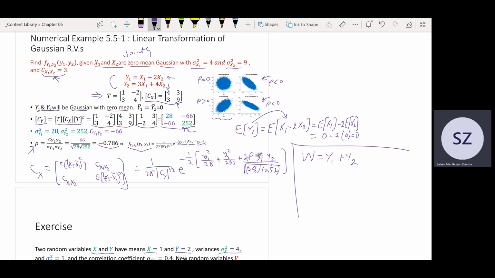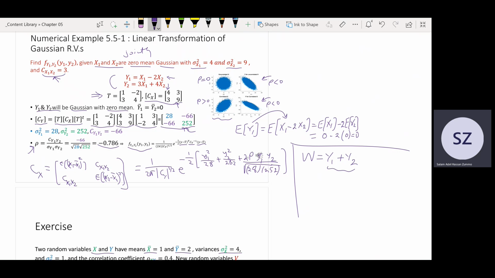How do you do it? Convolution? You can start with convolution, but you end up with extremely complicated integrals. What is W and what are Y1 and Y2? Not only Gaussian, they are jointly Gaussian. And because they are jointly Gaussian, any linear transformation will give you a Gaussian.